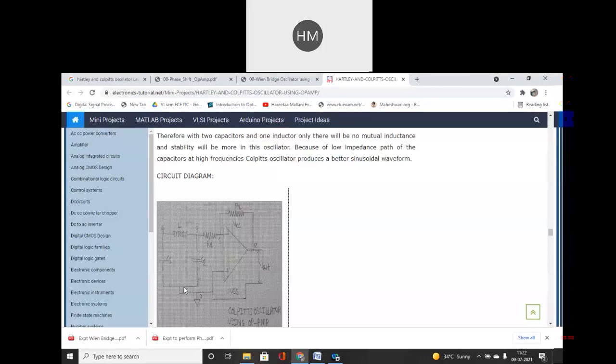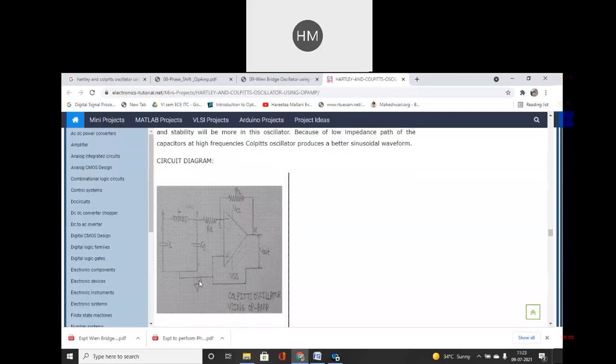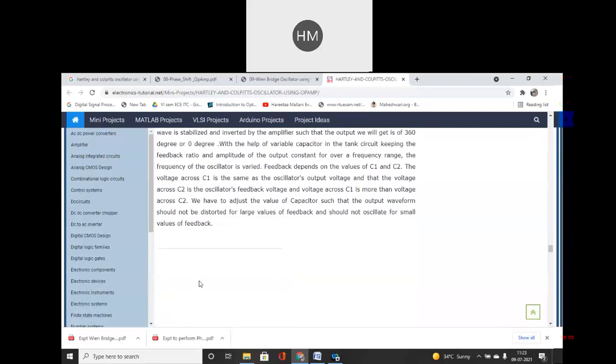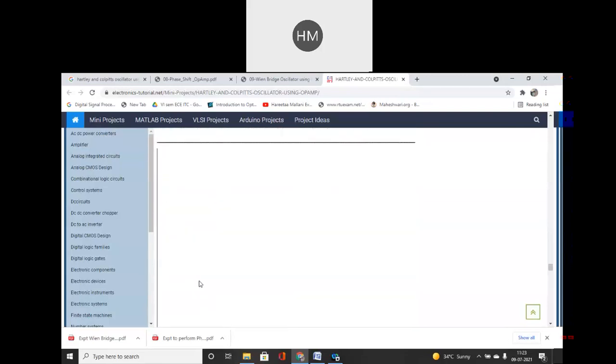Noise gets added, so they provide unstable oscillations. So we want stable oscillations. The Colpitts oscillator provides much better results as compared to the Hartley oscillator. Because of the low impedance path of the capacitors at high frequencies, the Colpitts oscillator produces a better sinusoidal waveform.